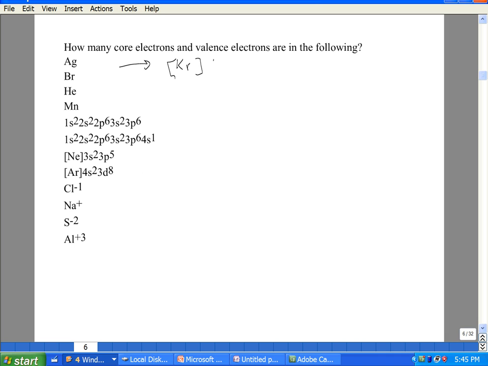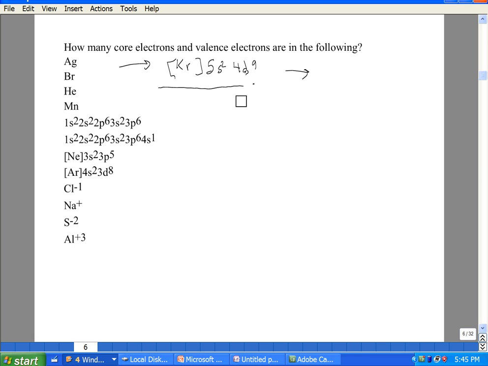So when we identify valence electrons, we know that it doesn't matter what order the electrons fill in. We know that electrons fill in this order, from left to right. But when we identify the valence electrons, we're talking about the electrons that are in the highest energy shell. In this case, that would be period 5.